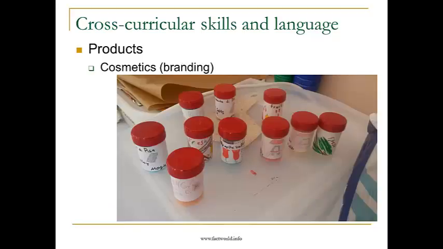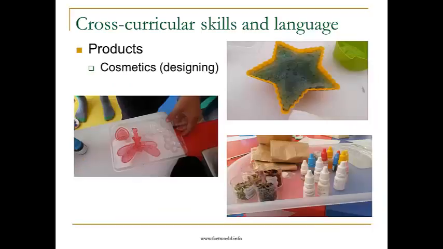Children also had to brand their products. Here you can see a number of pots with very personal branding, colour, design, all comes into selling their final range of cosmetic products, bath salts, soaps and shampoos.